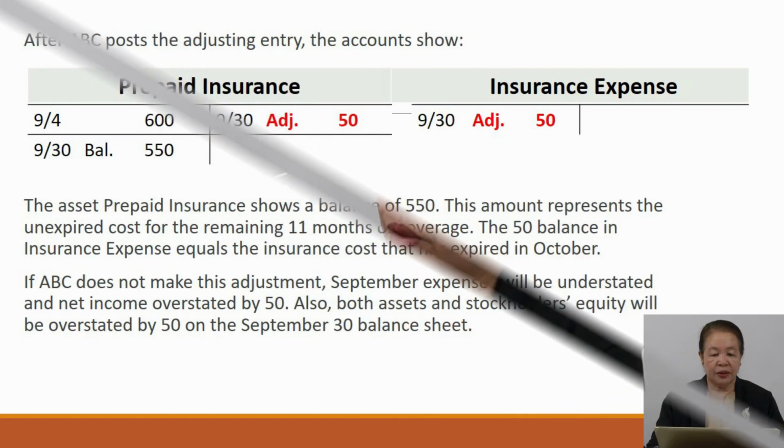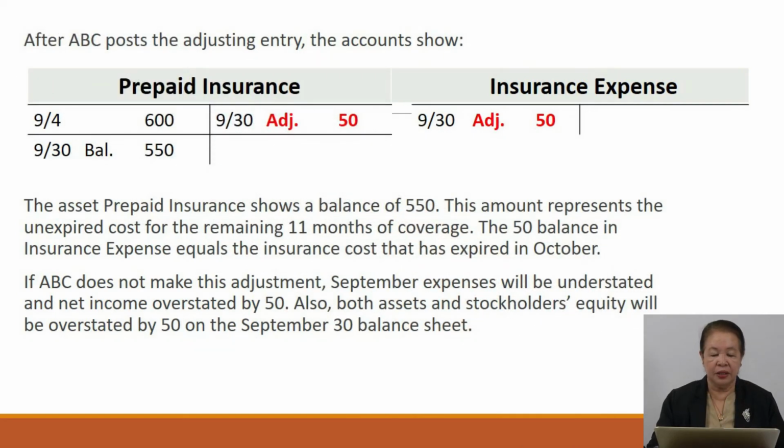Ano yung reason mo to record insurance na nag-expire, no? So, prepaid insurance at saka insurance expense, yun yung dalawang account na affected doon sa paggawa natin ng adjusting entry. So, since nag-debit tayo ng 50, sa prepaid insurance naman, nag-credit tayo ng 50. Bakit? Kasi binawasan natin yung prepaid insurance.